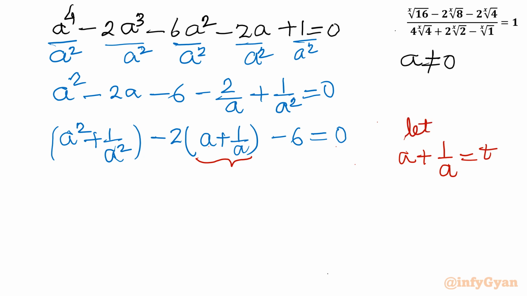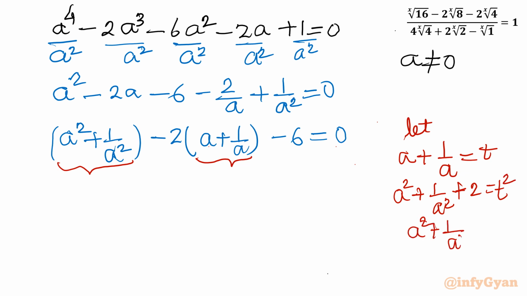Now I will take the square of this equation because it is also required: a square plus 1 over a square plus 2a times 1 over a, so it would be 2 only. Right hand side would be t square. So from here I can write a square plus 1 by a square equal to t square minus 2.